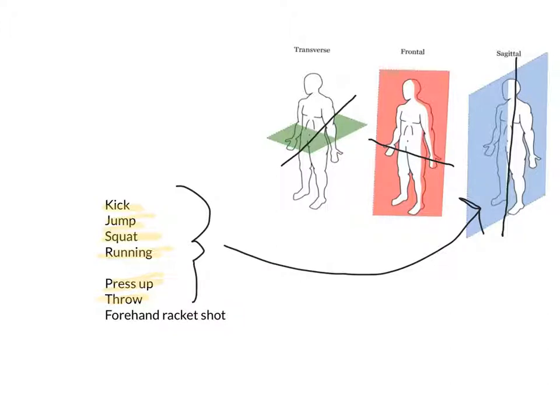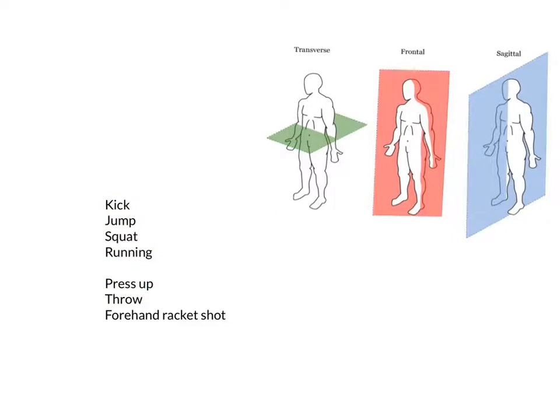So we imagine our person as a table football player. So a kick obviously is forward and backwards. Squat is up and down, so it's moving through that transverse axis. Running, we're going through that transverse axis. Press up again, down and up, so we're running through that transverse axis.